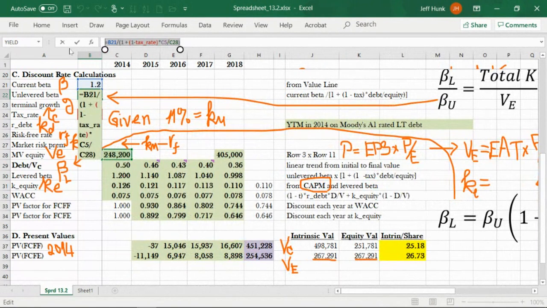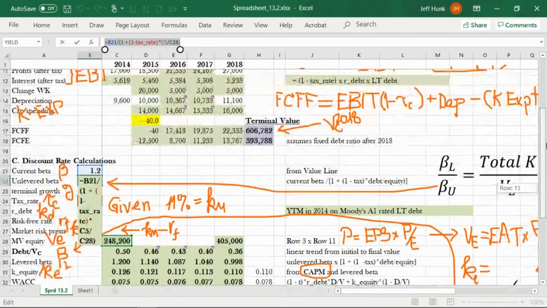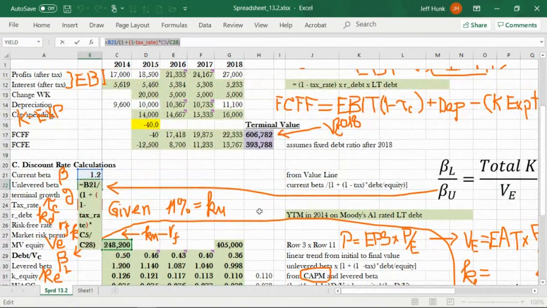So B21, which is the current levered beta.